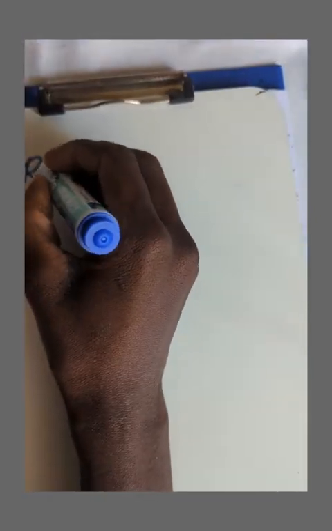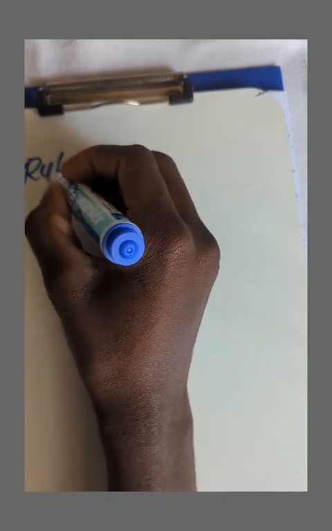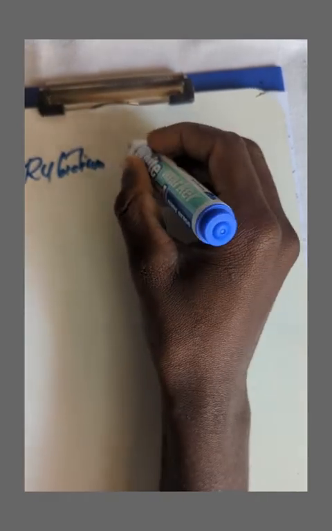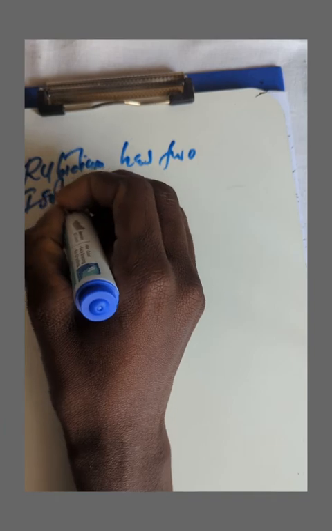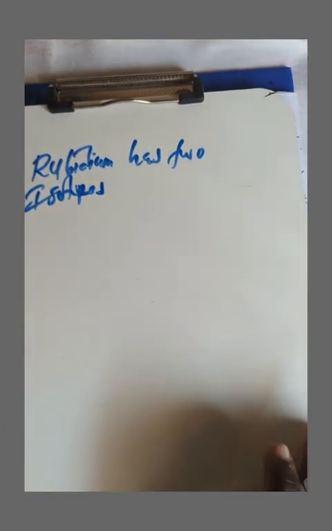Let's have rubidium. Rubidium has 2 isotopes.